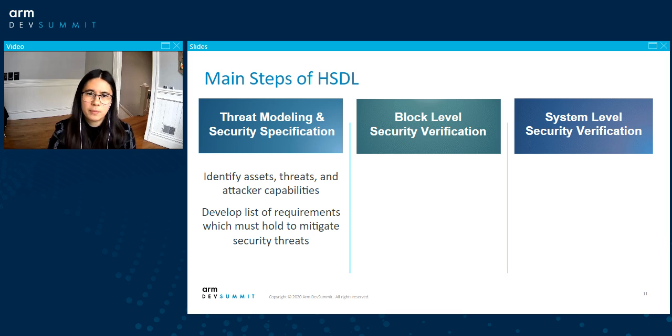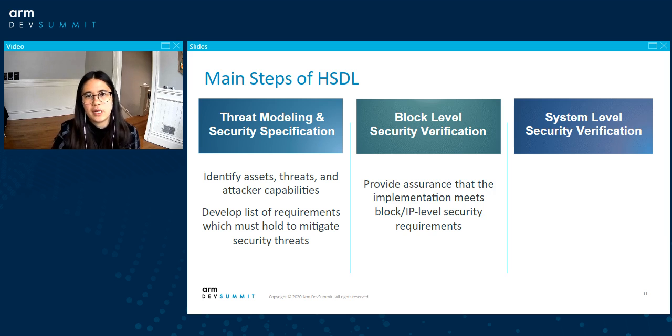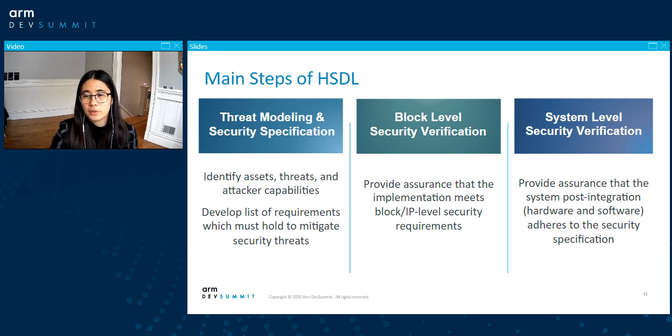And then the primary purpose of block-level security verification is to provide assurance that the implementation at the block or IP level meets the block-level security requirements. And similarly, for system-level security verification, the goal is to provide assurance that the entire system post-integration, so this will likely include some software in addition to the hardware, all of this together adheres to the security specification.